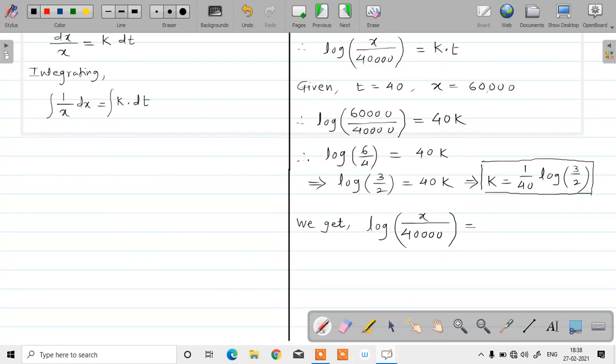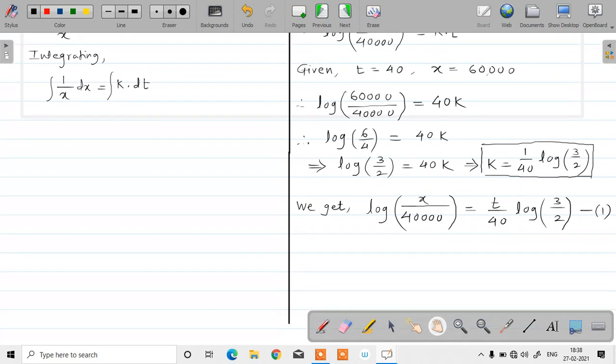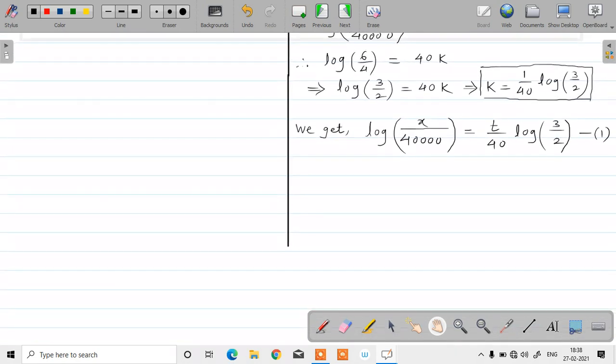In place of k you have to put 1 upon 40 into log 3 by 2, so that's why it is t upon 40 into log of 3 by 2. Now this is a very important equation. Say this is equation number 1. Now by using this equation we will obtain the required value.